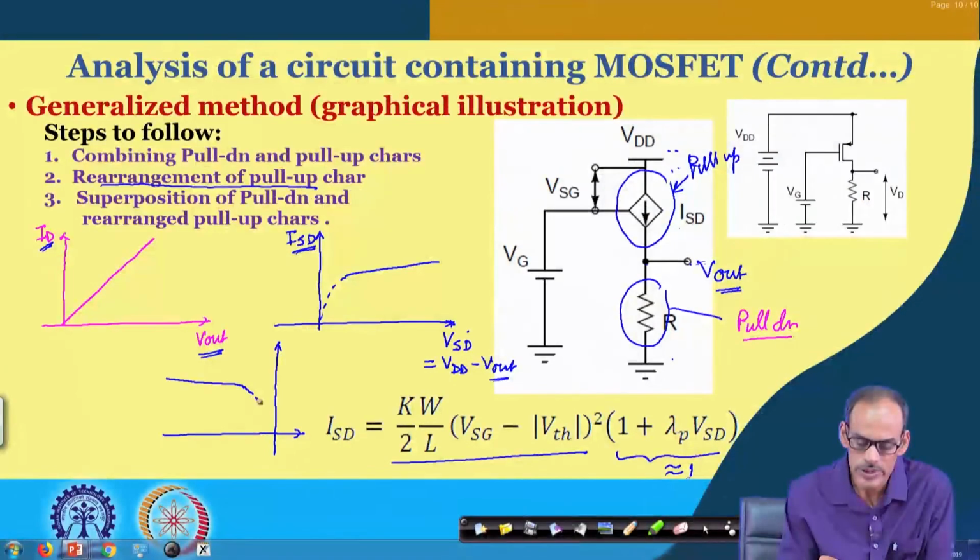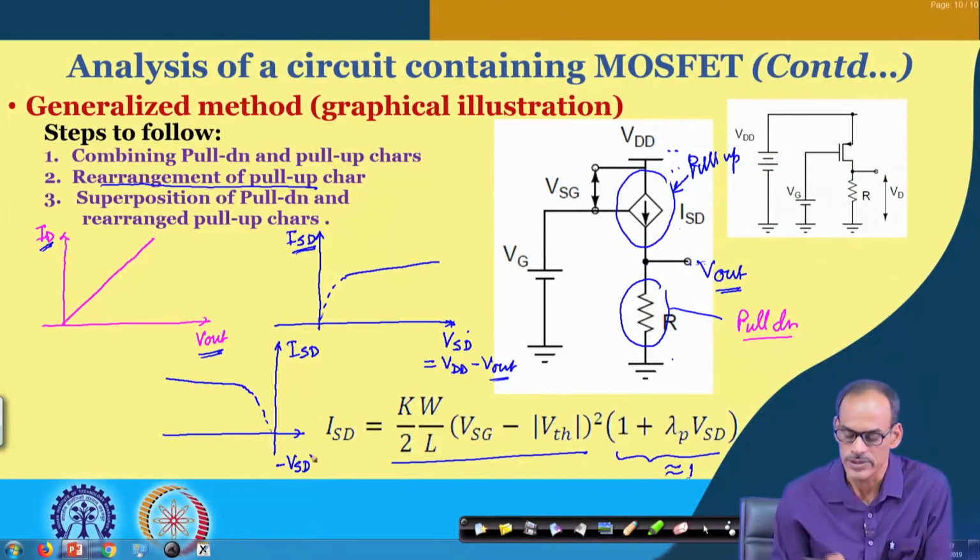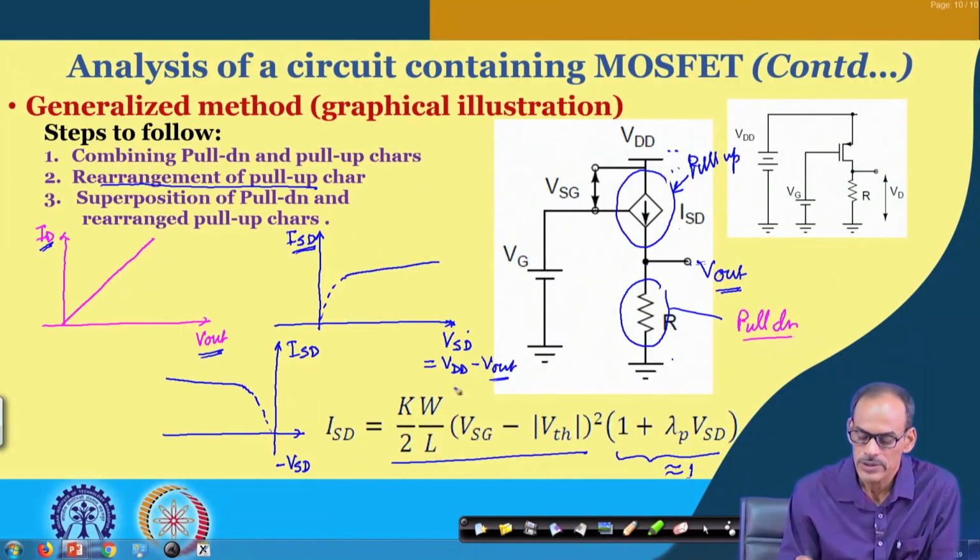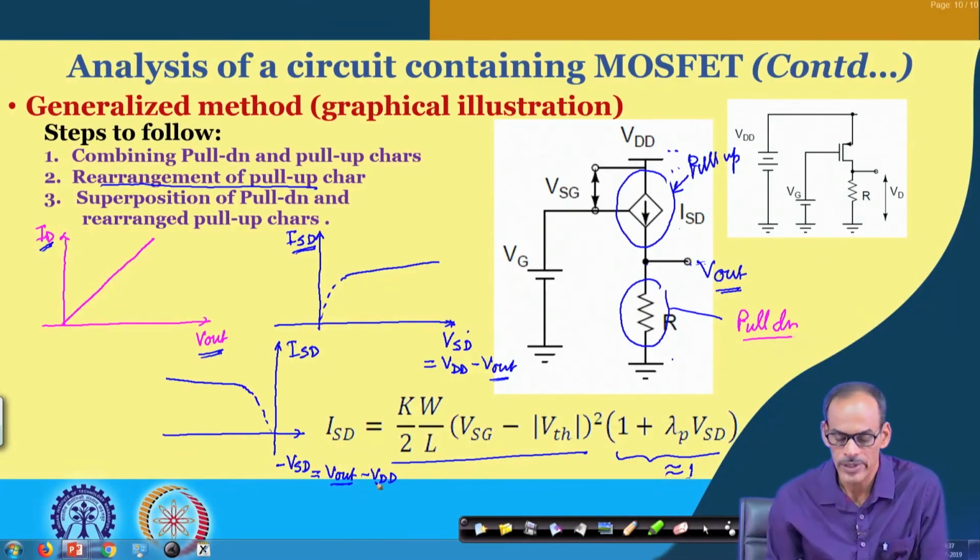So, this is ISD versus minus VSD, or whatever you say VDS, but this is equal to V out minus VDD. So, again we have V out, but still we have minus VDD.